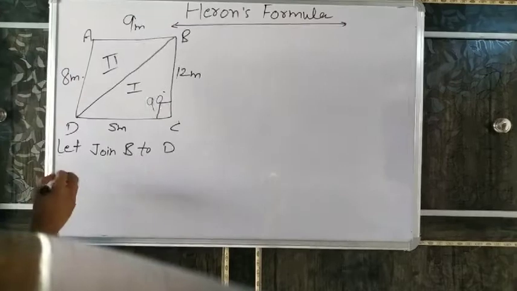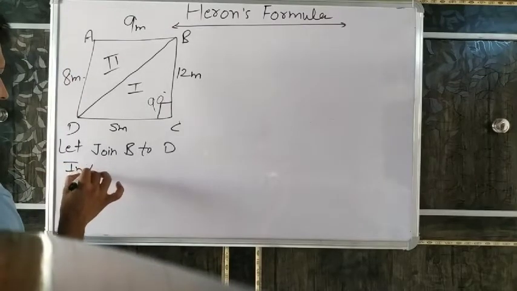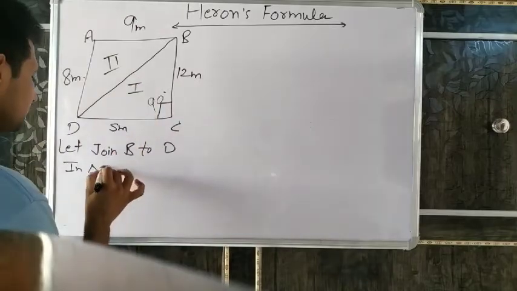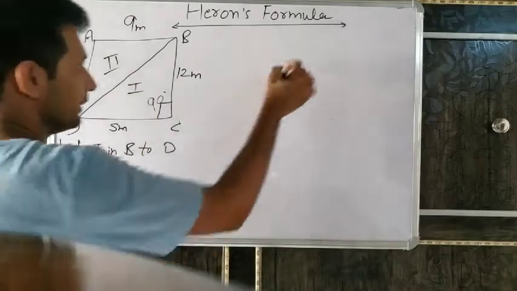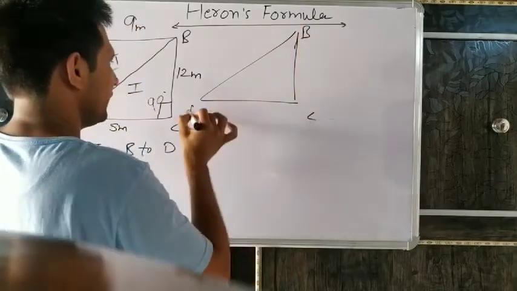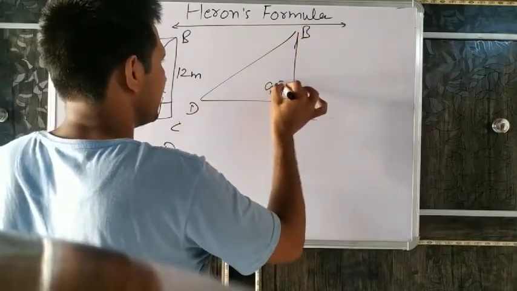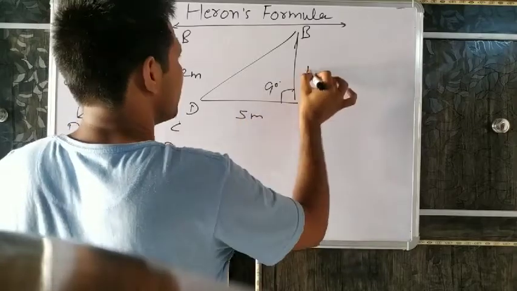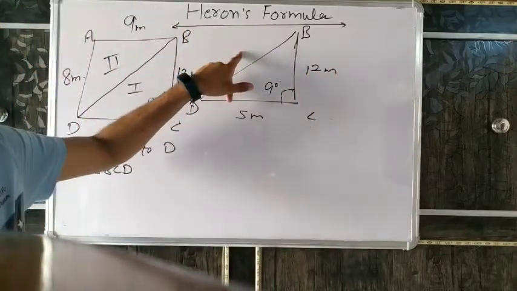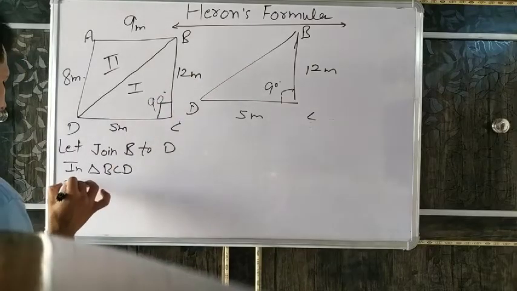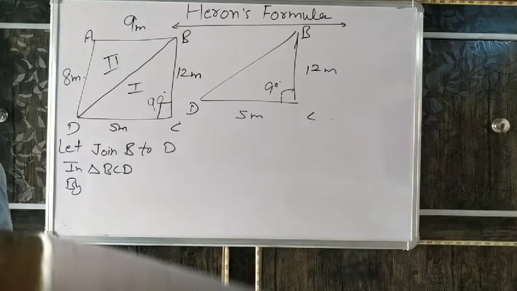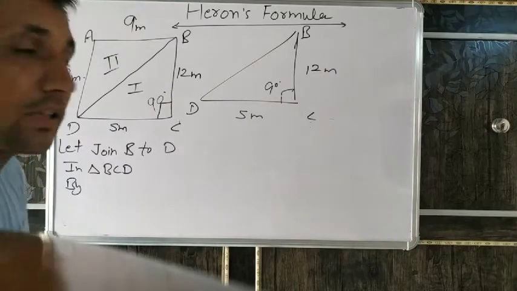Now in triangle BCD, we know the angle is 90 degree, one side is 5 meter, and another is 12 meter. The side opposite 90 degree is always the hypotenuse. If in any triangle one angle is 90 degree, we can use the Pythagoras theorem.